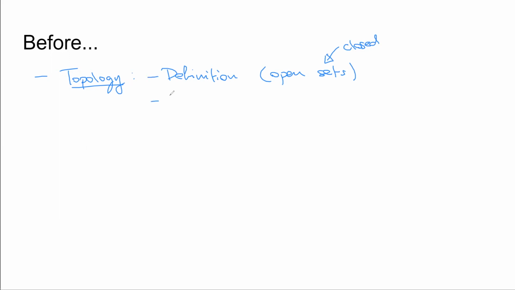You should also know how to build topologies, so you should know what a basis for a topology is. You should also know some examples. You can find examples in exercises and in previous videos. The examples that come up most often are, first and foremost, the real line.